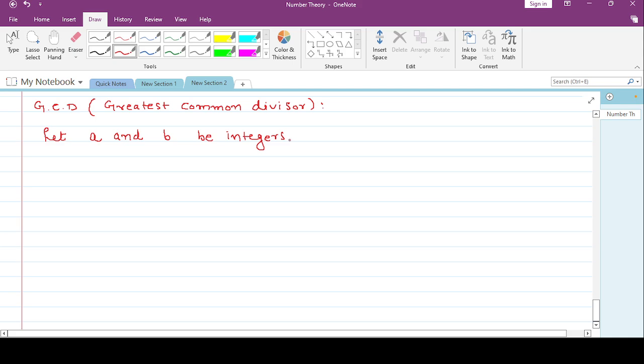Note both not 0. In both the numbers, they should not both be 0.